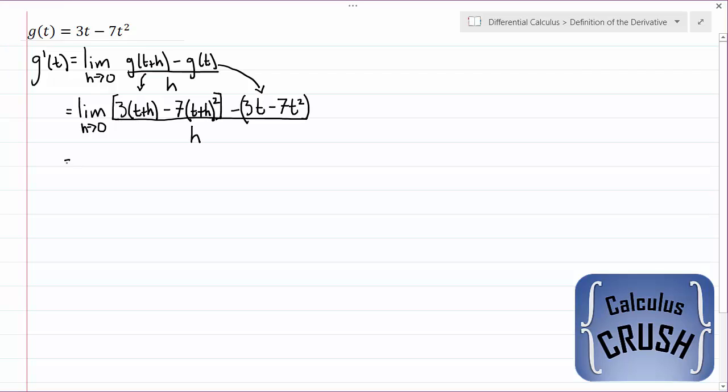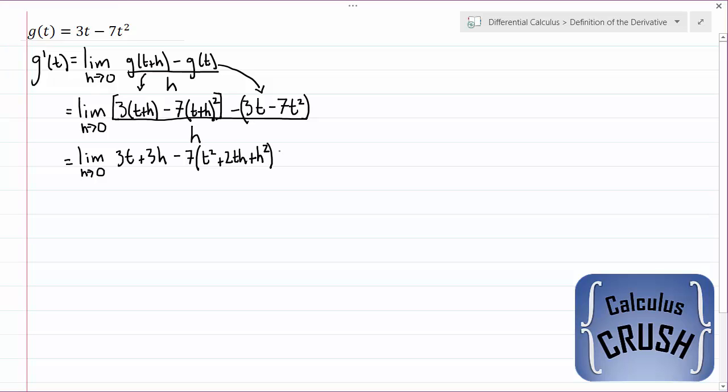All right, now let's expand these expressions. So 3 times t plus h is just 3t plus 3h minus 7 times, now t plus h squared, that is t squared plus 2th plus h squared.